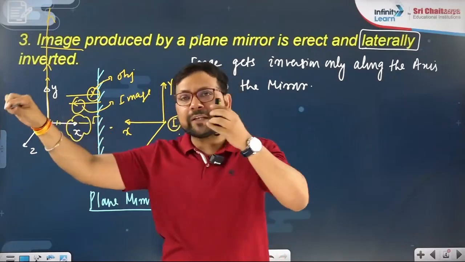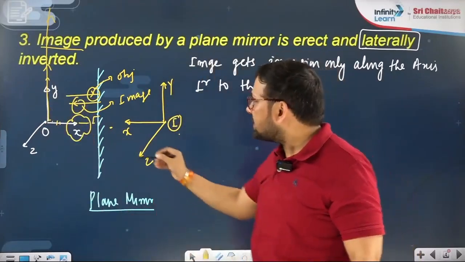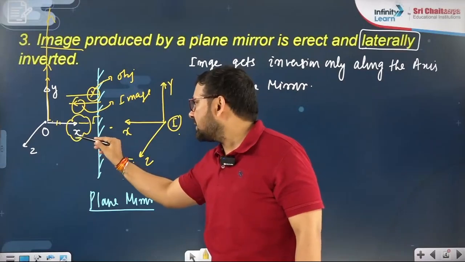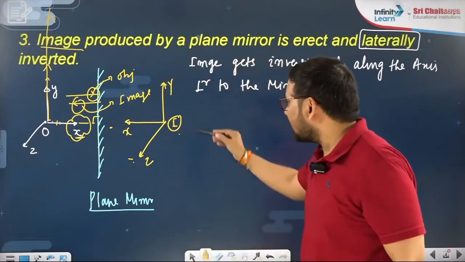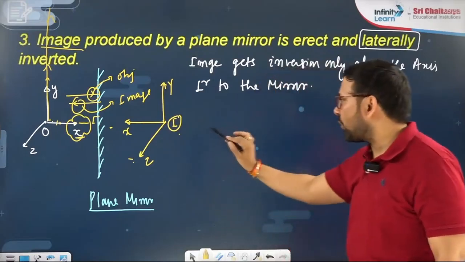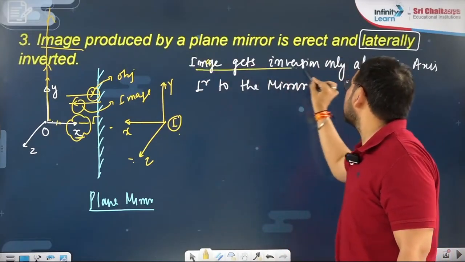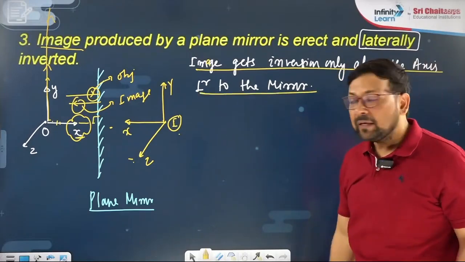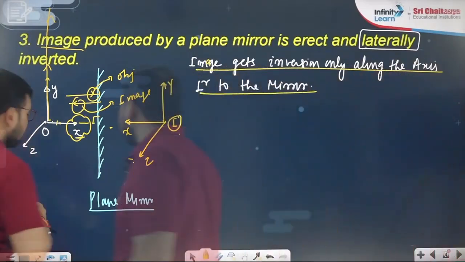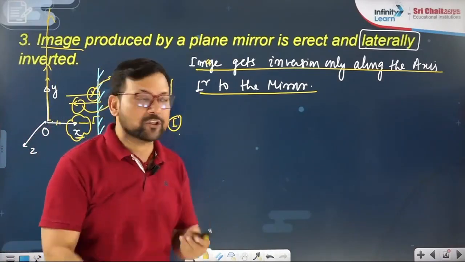Again there is no reflection and no image. So incidence is only for X, and image formation is only for X, and that will be inverted. Right? That is point number one I told you: the image gets inverted only along the axis perpendicular to the mirror. If I take some example in this, everyone, you have to see the screen to understand it, so you have to be a little focused here.